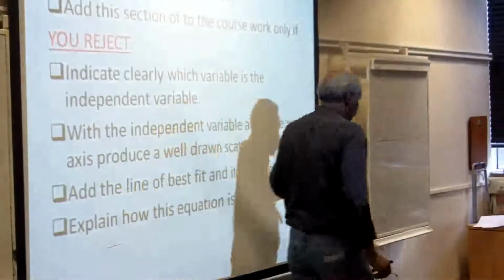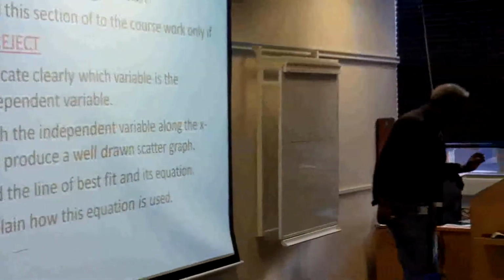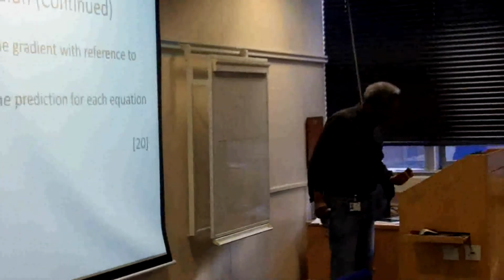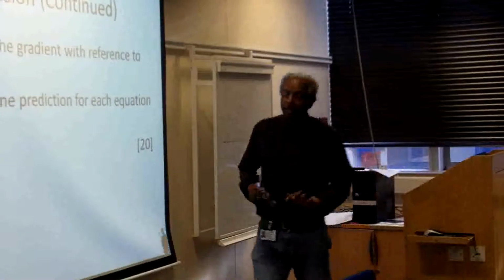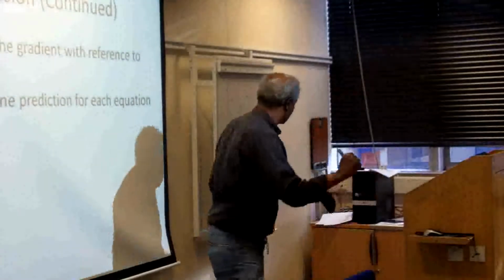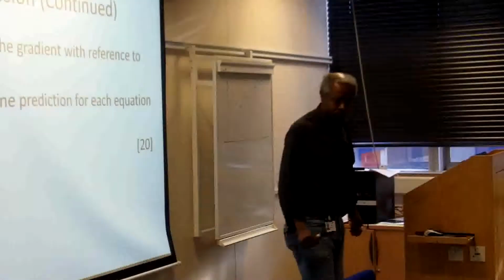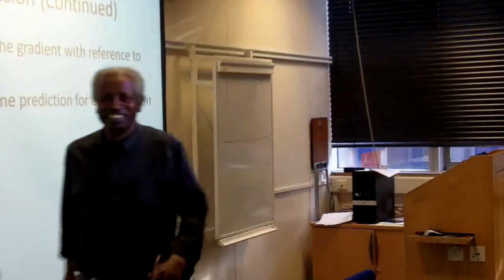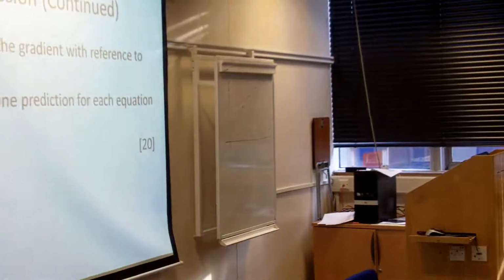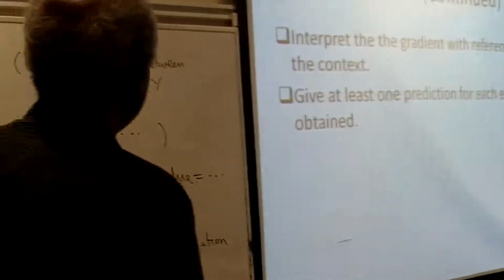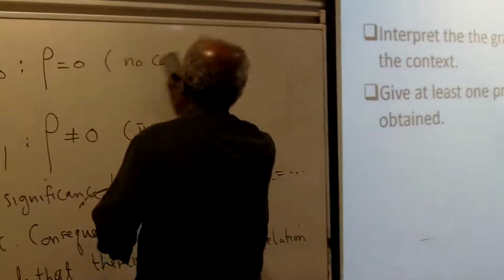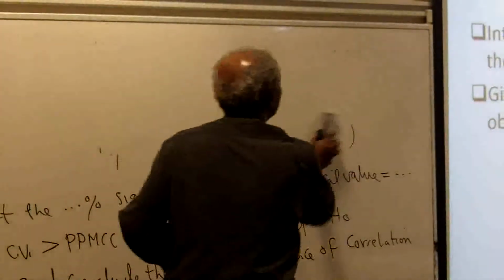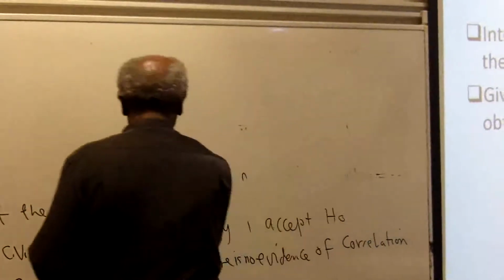Explain, and then move on. Interpret the gradient with reference to the context. I think basically what this is about is the following.